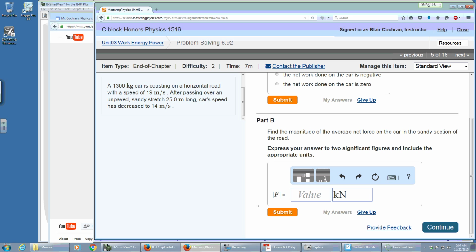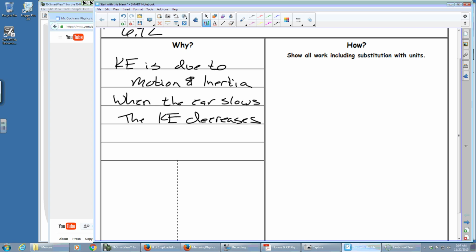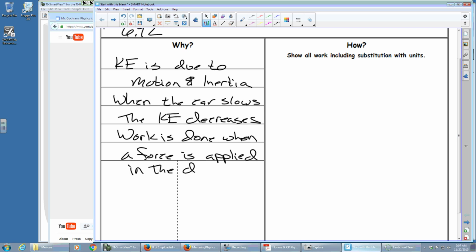They mentioned force here, and I need to show that I understand that work is done when a force is applied in the direction of motion. And the net work changes, oops, I forgot the word work there.